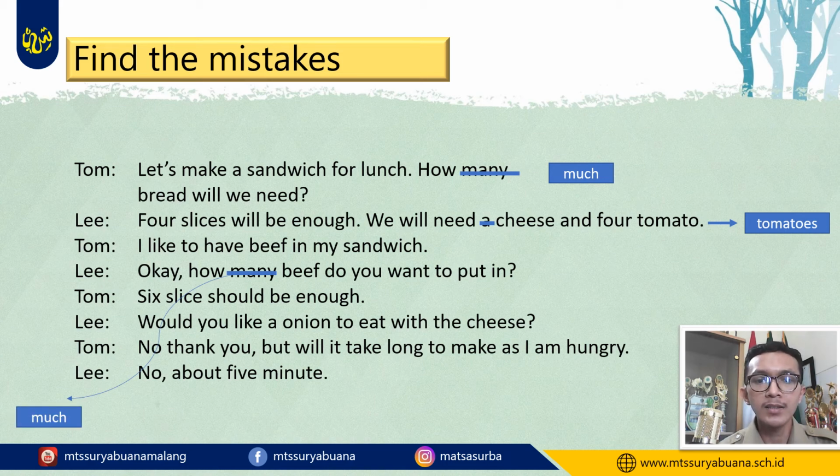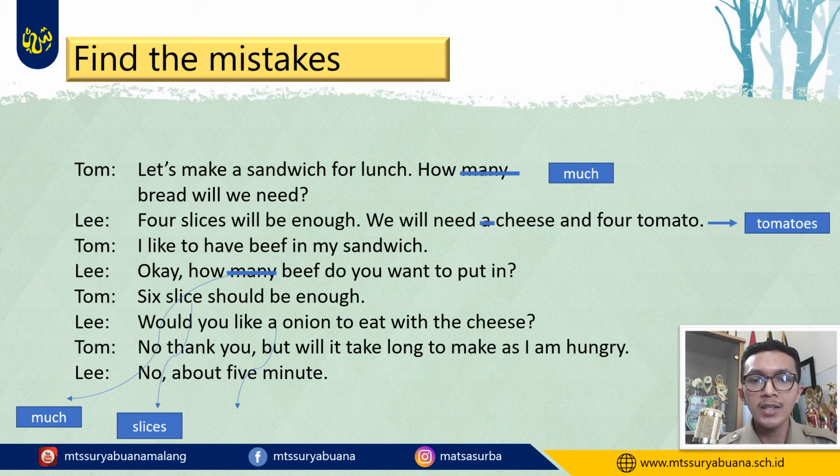Okay, the next mistake, slice. You can see here there are 6 slice. So you have to add s in this word, so become 6 slices. And then the word, would you like a onion?